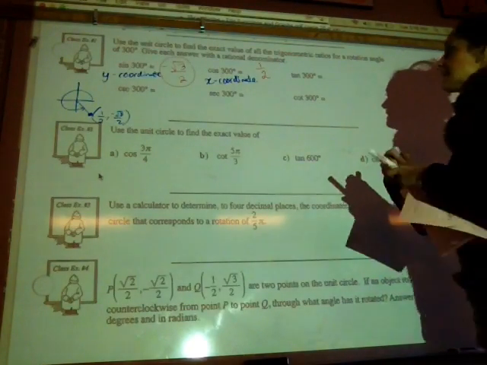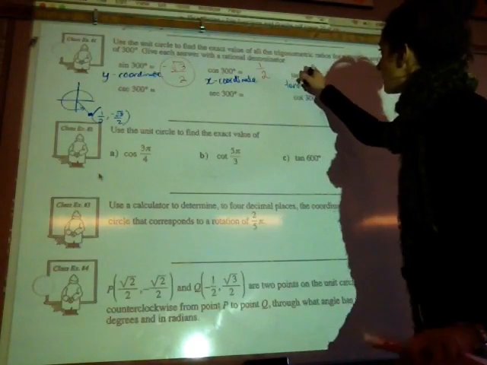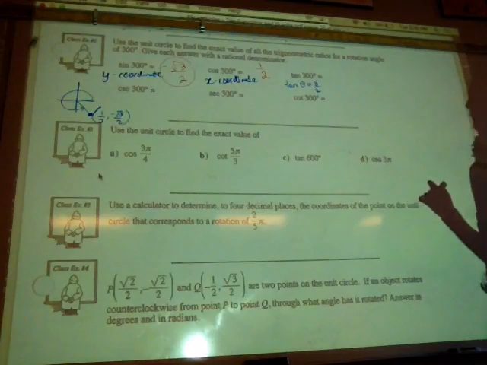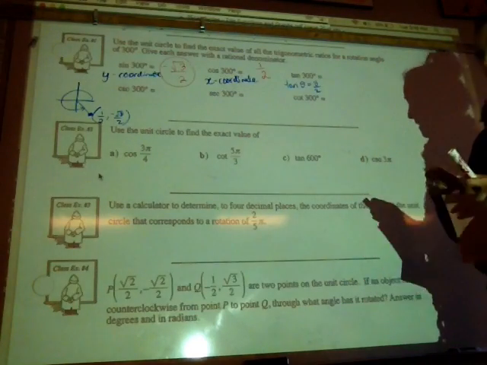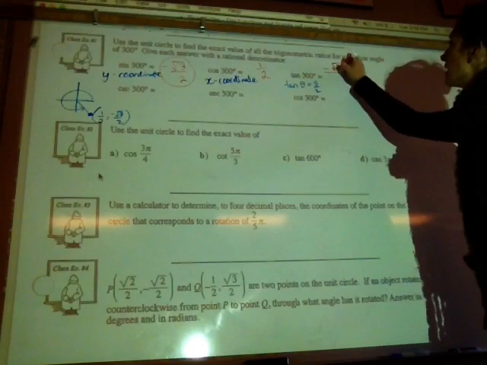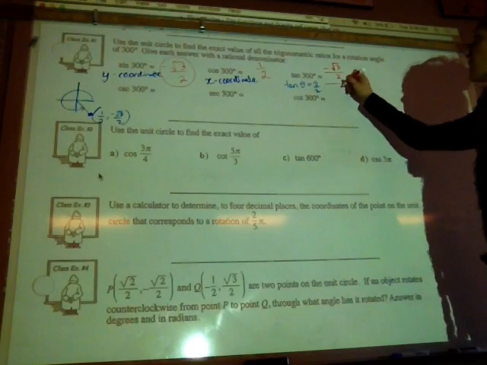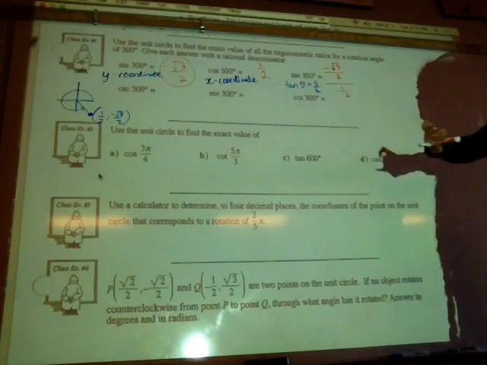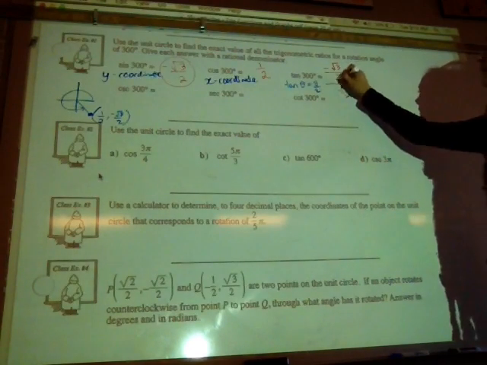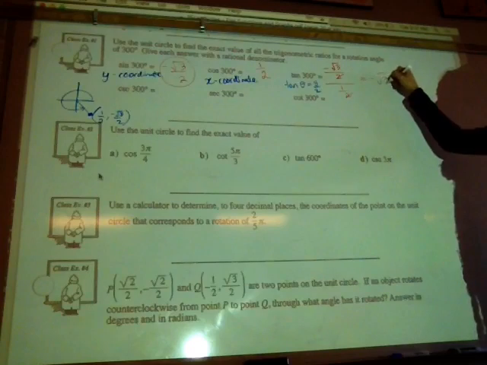It's y over x. So tan theta is equal to y over x. Okay, well our y was negative root 3 over 2. And our x was 1 over 2. So what happens to the 2's? Cancel out, and we're left with negative root 3.